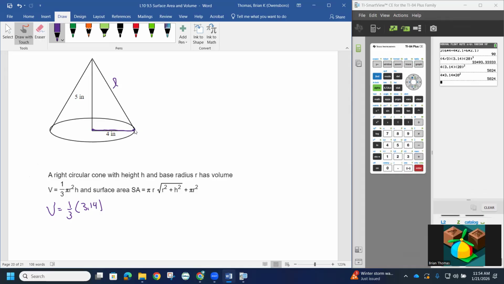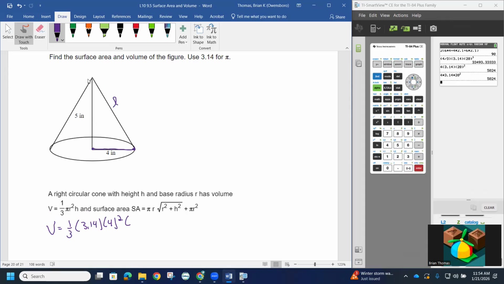So you have to be going to a point on the circle. So we do know the radius, but it's got to be squared. And then we got to multiply by the height. And remember, the height is the distance from the apex down to the base of the circle. So this top vertex point is called the apex, and it goes all the way down to the point on the bottom of the base, if you will. So that was 5 inches, if you will.